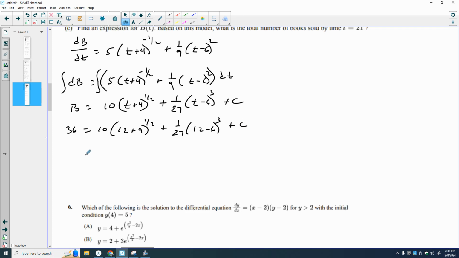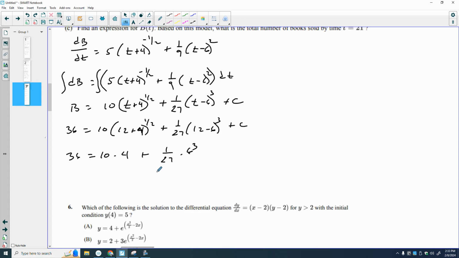Okay, so this becomes a 36. This stays as a 10. That's a 4. So this is 16. So this is 10 times 4. And this is 1/27th times, what is that, 9? No, 6 times 6 cubed.